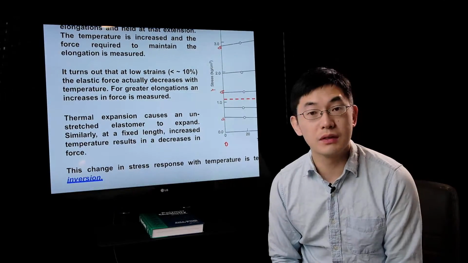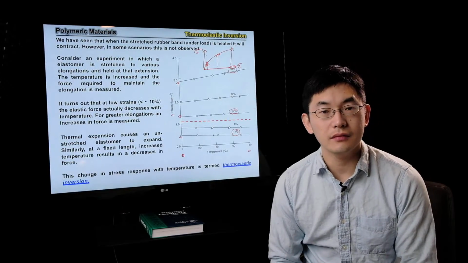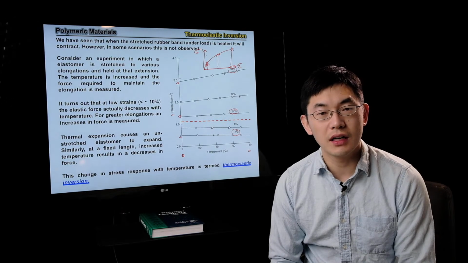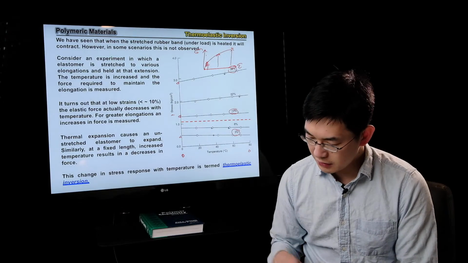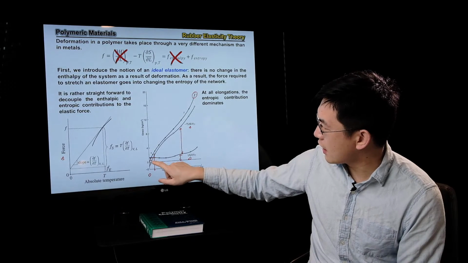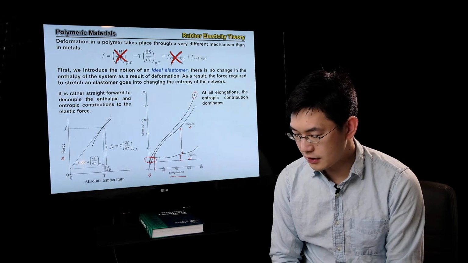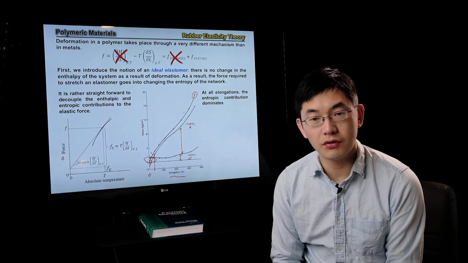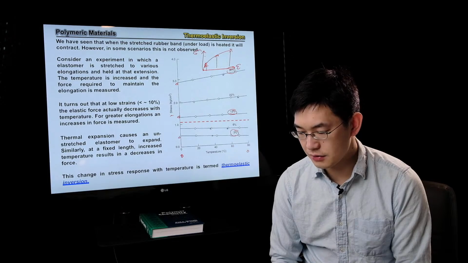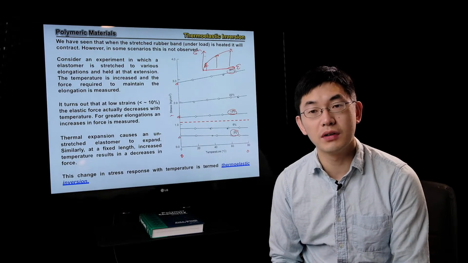And this turns out to be related to the elastic force. It is related to the internal energy. At low strain, your entropy term and internal energy delta U are on a similar level. So here, another component comes into play, where you now need to worry about another phenomenon called thermal expansion.